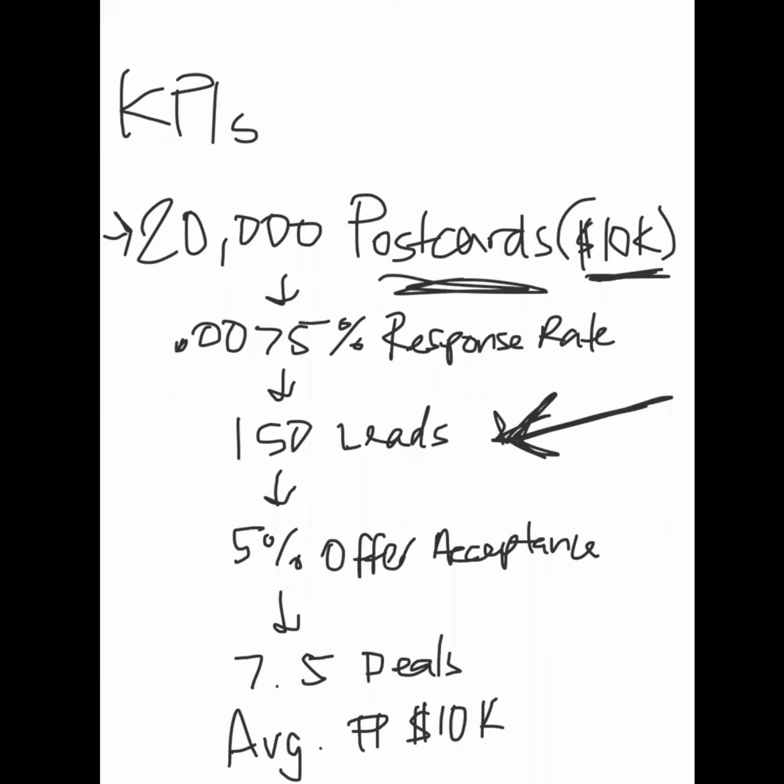Now, the average wholesale profit is actually $10,000. Okay. That's the average wholesale profit, $10,000. So you think about it, if you invest the $10,000 of marketing up front and you're able to get 7 deals or maybe 8 deals under contract, one of those deals will pay for itself. Okay, that would be your break-even point.